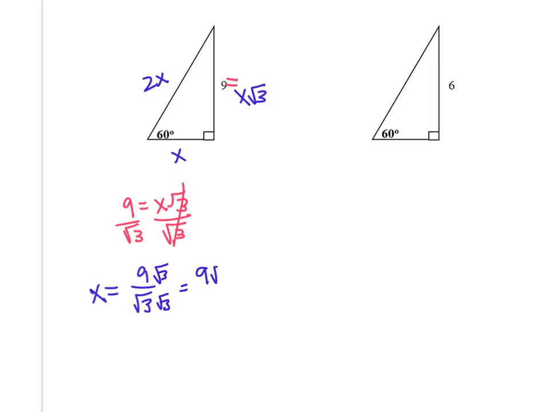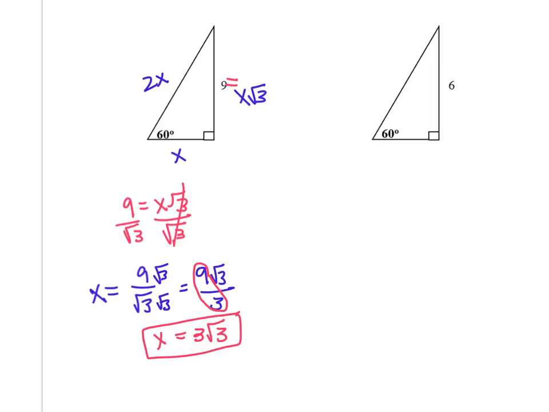That's going to leave us with 9 square roots of 3 over square root of 3 times square root of 3, which is just 3. Then you can reduce the 9 and the 3. 9 divided by 3 is 3 square roots of 3, or 3 and then the square root of 3. So that gives us x. All right, so that one was a little bit more involved, but that's okay.